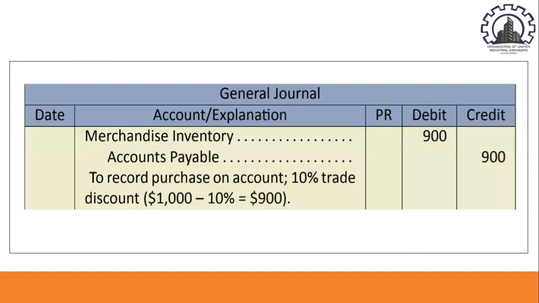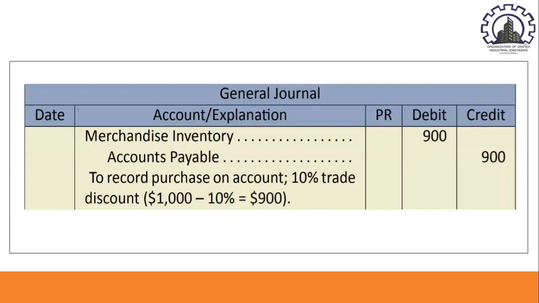So as you can notice, your merchandise inventory is debited, amounting to $900, and your accounts payable is credited, amounting to $900. To record purchase on account and 10% trade discount, so that's $1,000 minus 10%. So you are now able to pay $900 instead. All right.